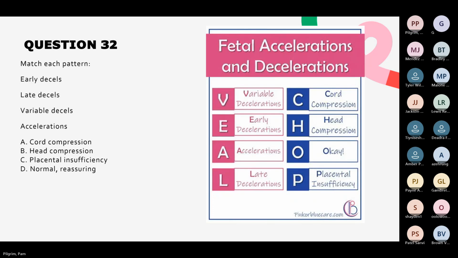So when you look at this, the E for the early decels is head compression. So it'd be 1 and B. Late decels, looking at the bottom, late decels is placental insufficiency. So it should be 2C. And then variable decels, which is at the top, variable decels go with cord compression. And then accelerations are normal and reassuring.